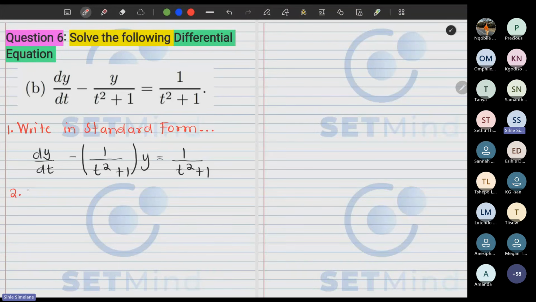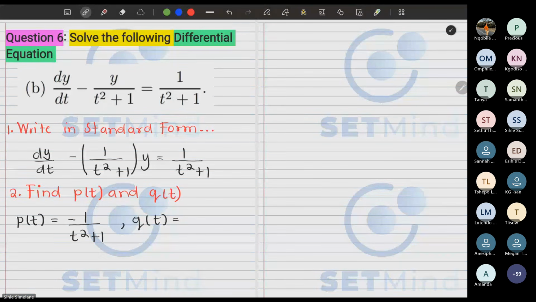For number 2, what we need to do is to find what is our p of t and our q of t. So someone in the meeting, please give us what our p of t is. Negative 1 over t squared plus 1. Okay, let's go for q of t, guys. What is it?